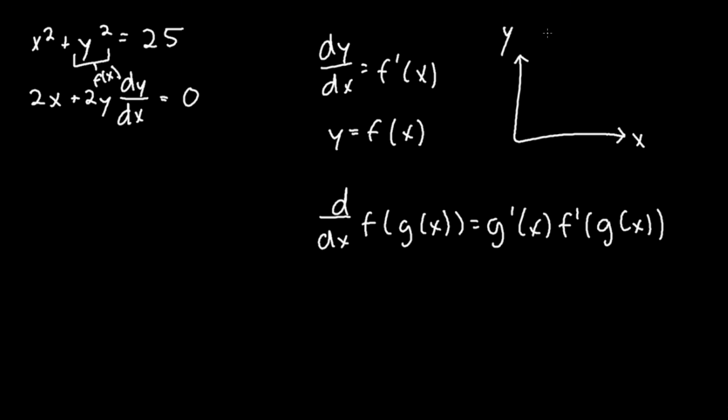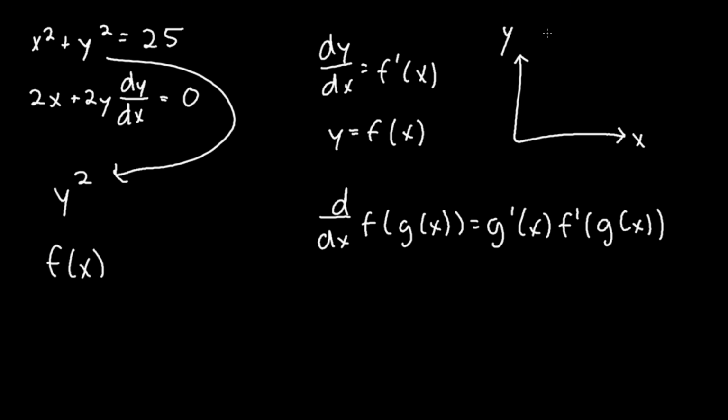So let's write this. Y squared, let's bring it down. Technically, y squared is a function of x, squared. Well, there's something squared. So something squared is the outer function in this case, f. And the inner function is the function of x.